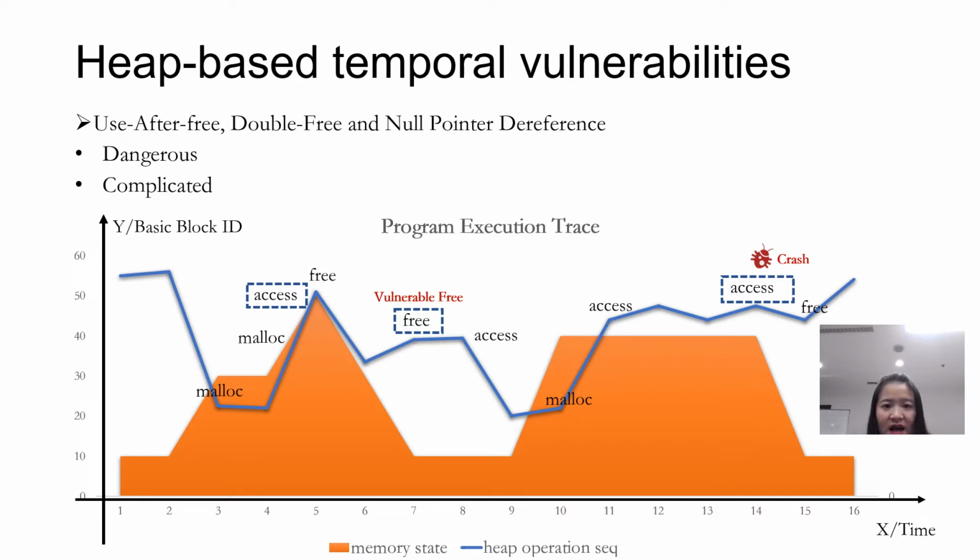In this case, the two blue circled axes mean the same memory access operation executed twice. The crash happens at the second one, as the accessed memory is unsafely freed, while the first one is normal. Thus, awareness of the heap operation sequence is the key to finding heap-based temporal vulnerabilities.